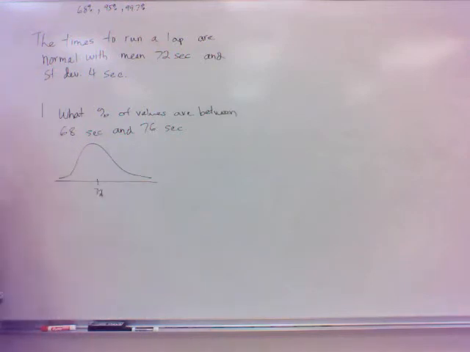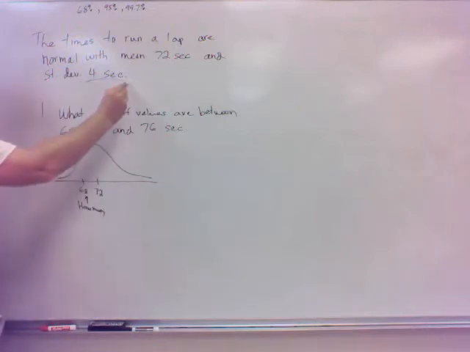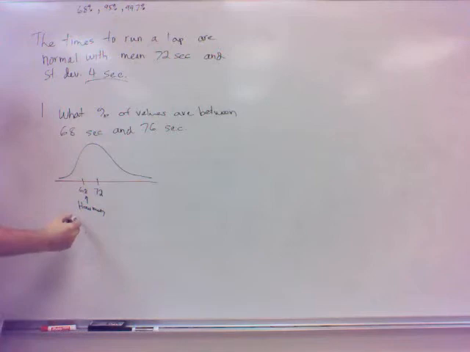However, what you want to do is look at it in terms of a standard deviation. How many standard deviations is it? So 68, how many standard deviations is 68 away from 72? Well, the standard deviation is 4, so wouldn't 68 be 1 standard deviation away from that mean?